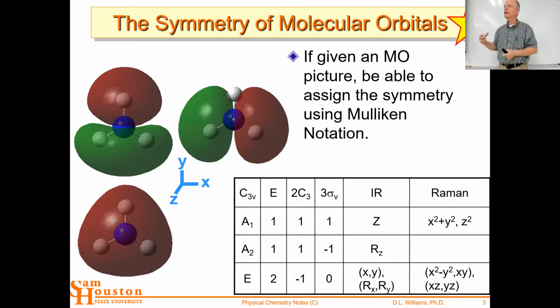And then we look in the Z direction. So we look out and we see some red on the top and green on the bottom. And then we look the other way in Z direction and we see some red on the top and green on the bottom. And so it looks the same. Even though there's hydrogens over this way and nothing on that side, we're looking at the orbital. So I'm looking at positive Z and I see some red and some green.